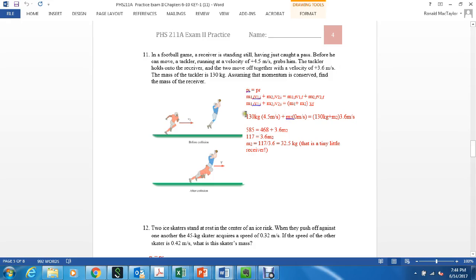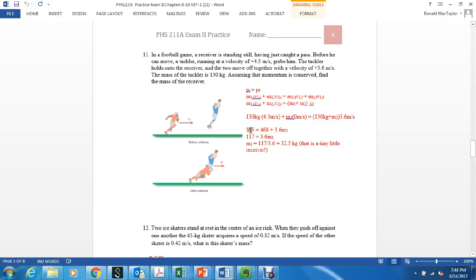So the initial momentum is 130 kilograms times 4.5 meters per second plus 0, m2 times 0. At the end, it's 130 plus m2, the mass of the second receiver, times their final velocity of 3.6. So I just have one equation with one unknown. I just don't know what m2 is.